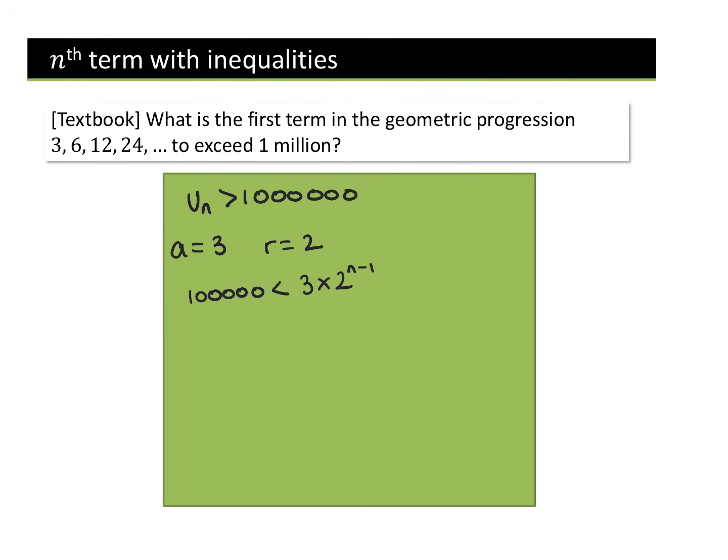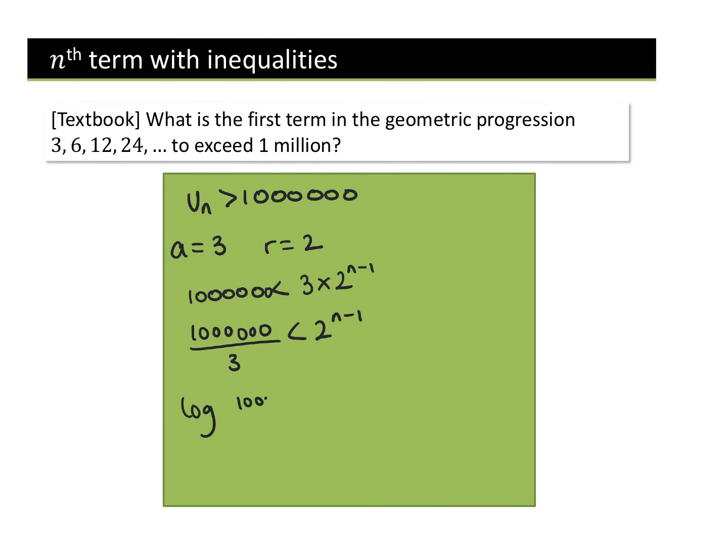Okay, step 1, divide by 3. So we're going to have 1,000,000 divided by 3 has to be less than 2 to the power of n minus 1. Okay. How do I find this? Log both sides. Okay?